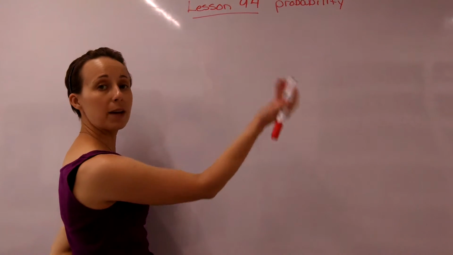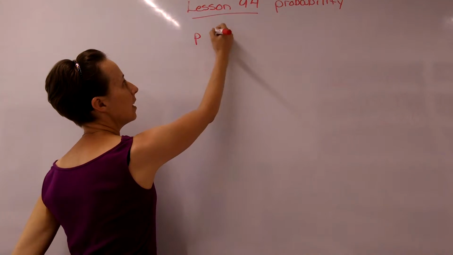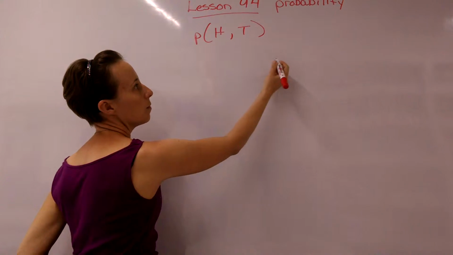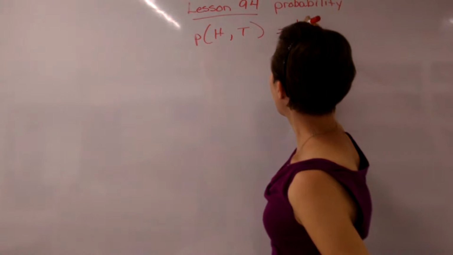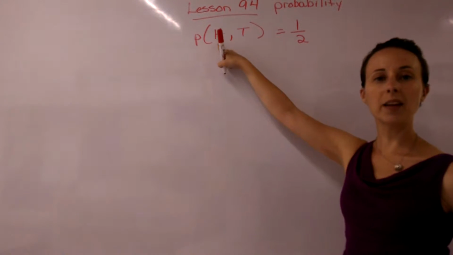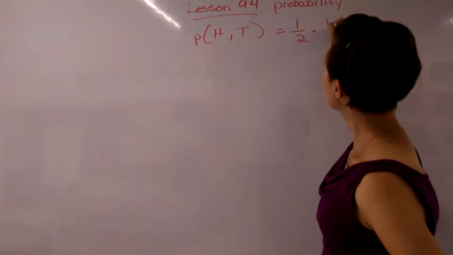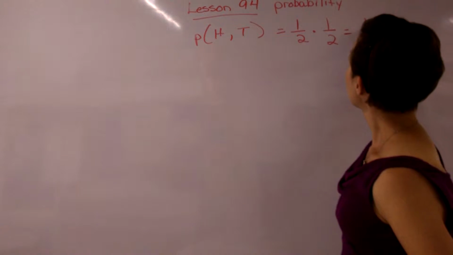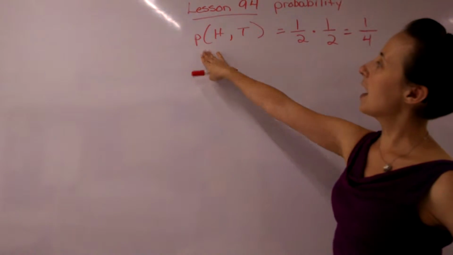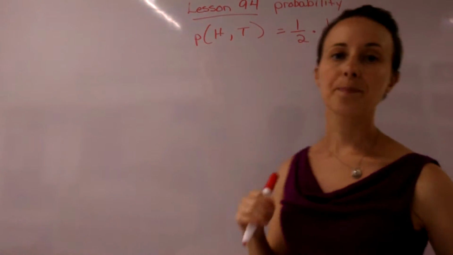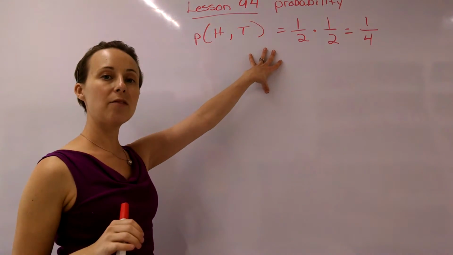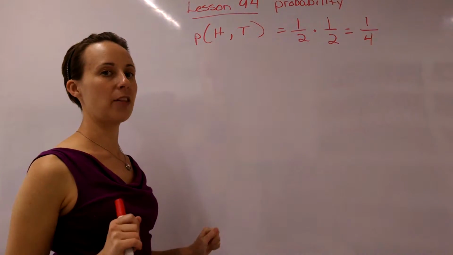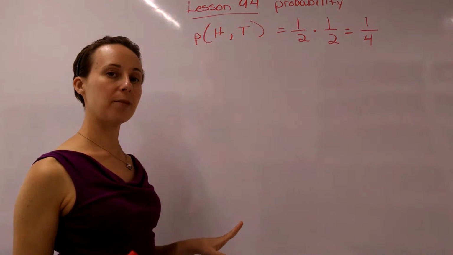So for example, if we're flipping a coin, the probability of getting heads and then tails would be 1 out of 2, the probability of getting heads, times 1 out of 2, the probability of getting tails. Which means that the probability of getting heads and then tails is 1/4. This is called an independent event. It means that these things happen independently of each other. They do not affect each other.